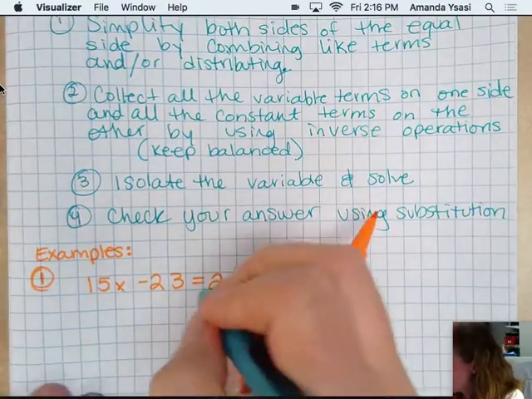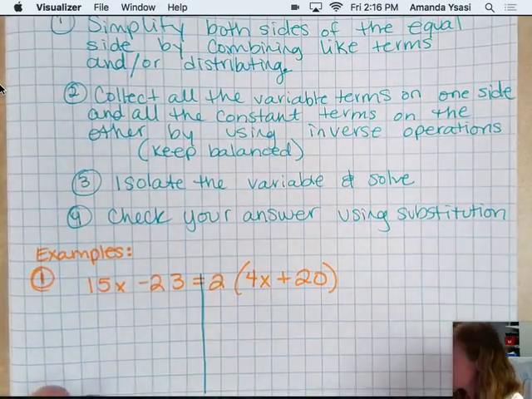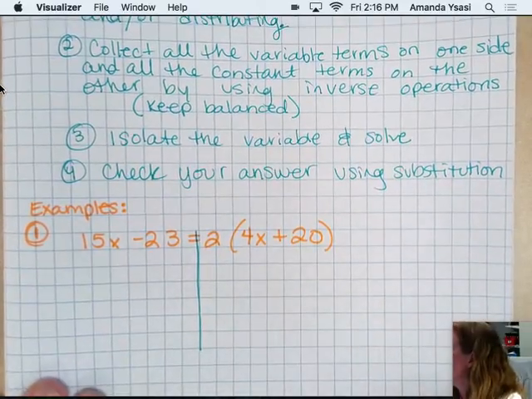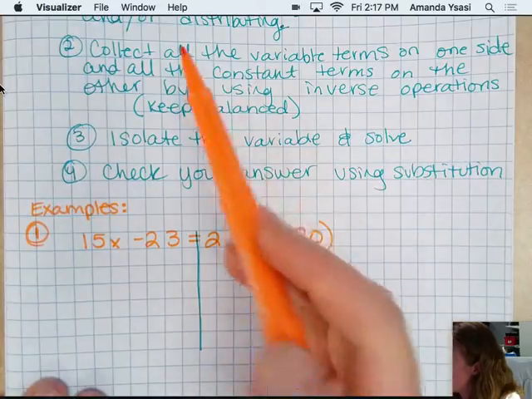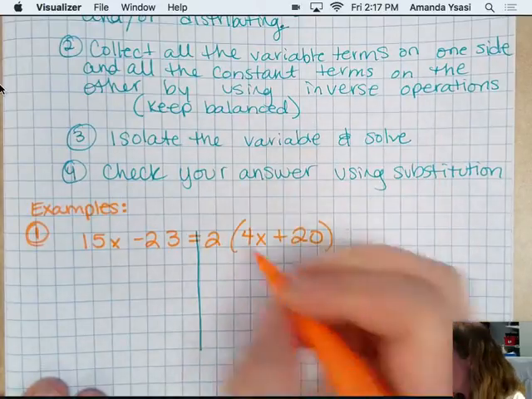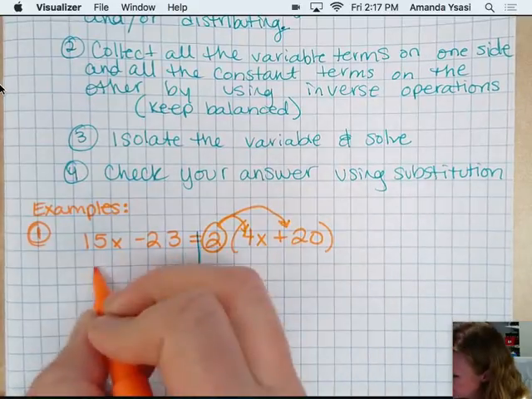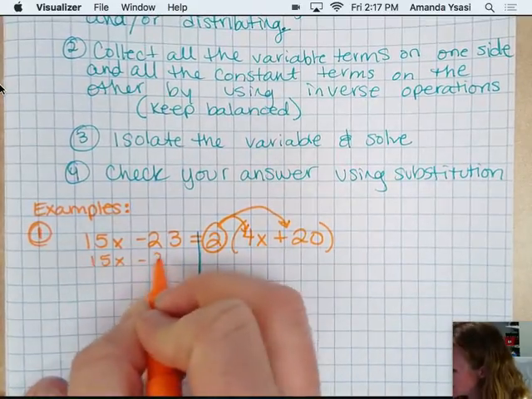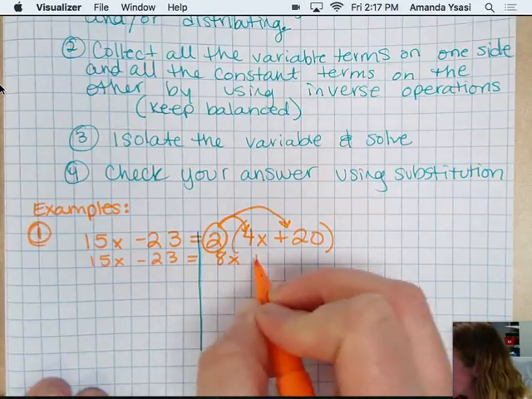I always draw a line down my equal sign just so I can remember to keep it balanced. So step 1, simplify both sides of the equal sign by combining like terms and/or distributing. So we have to distribute that 2 all the way through. 15x minus 23 equals 2 times 4, 8x plus 40.